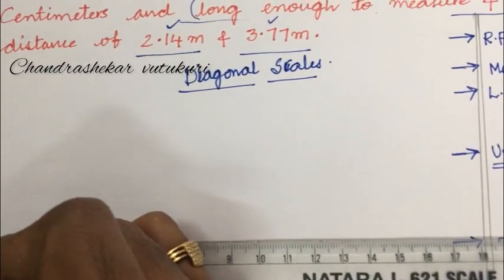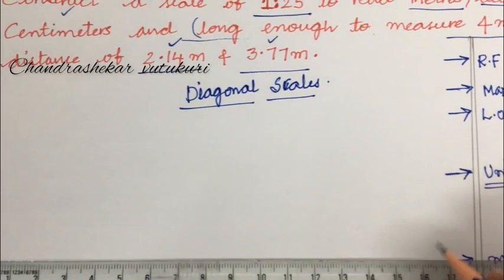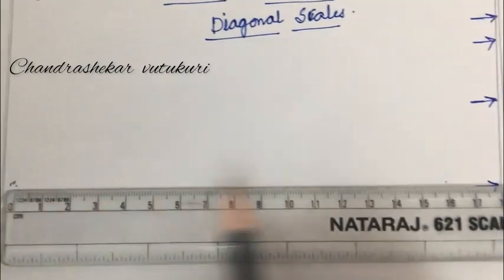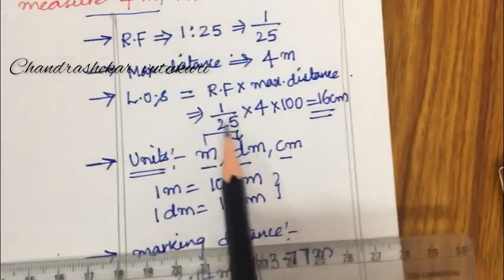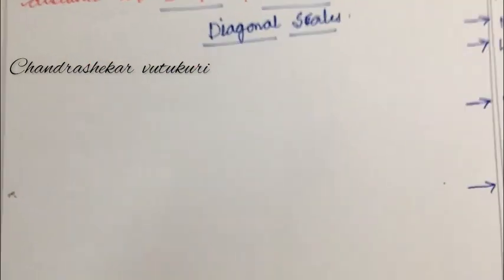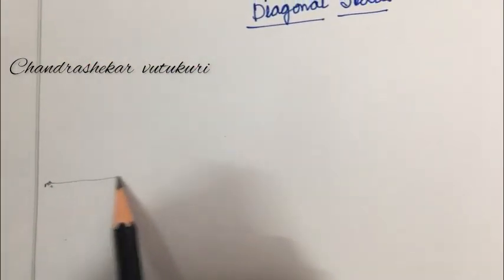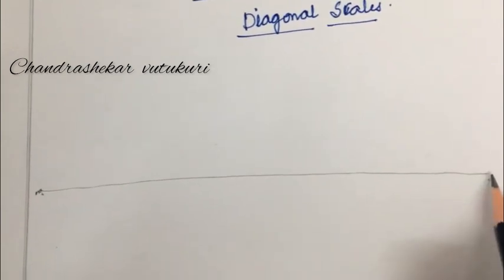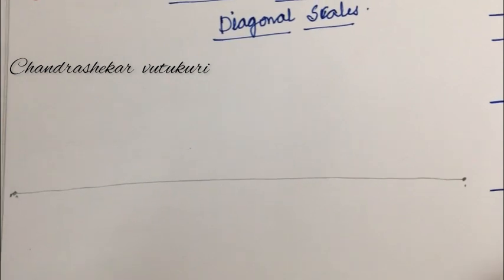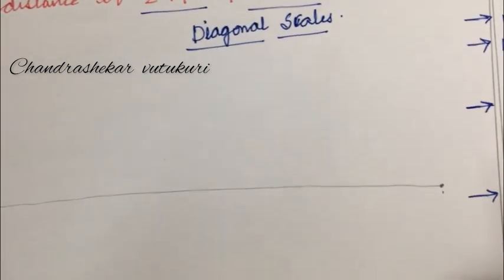I am going to plot from here, 0 to 16 centimeter, on my drawing sheet, because the length of the scale is found out to be 16 centimeter. Now, you are going to draw a line starting from here, a 16 centimeter line. I am sorry to work out without the drafter here. Please try to understand my point so that you can work out with the instrument, dear students.